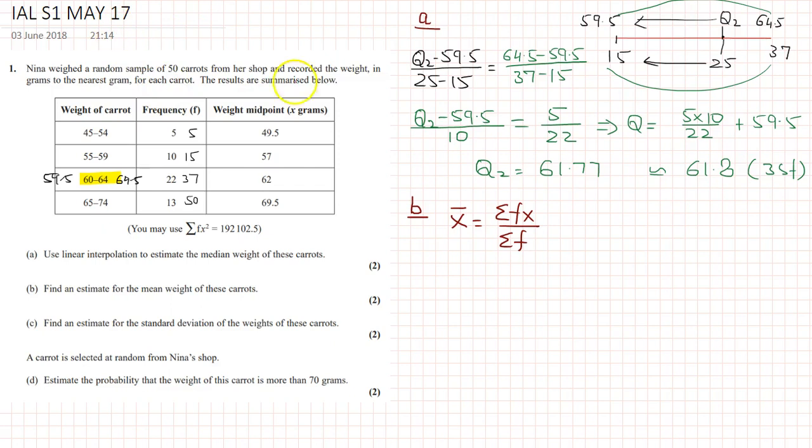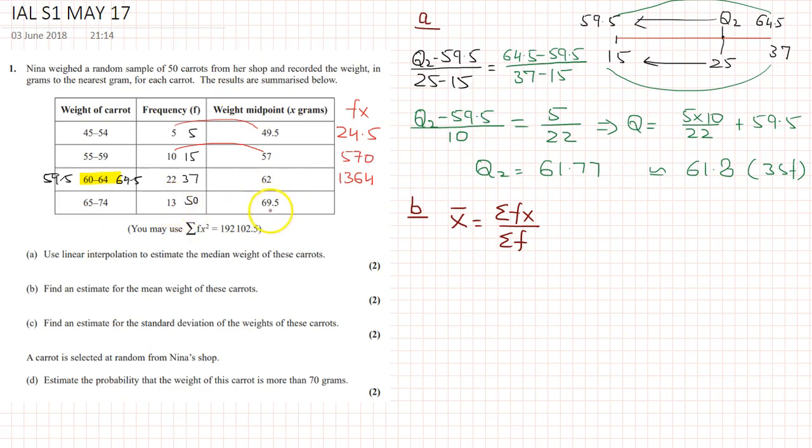For sigma fx, 5 multiply 49.5 is 247.5. 22 multiply 62 is 1364.